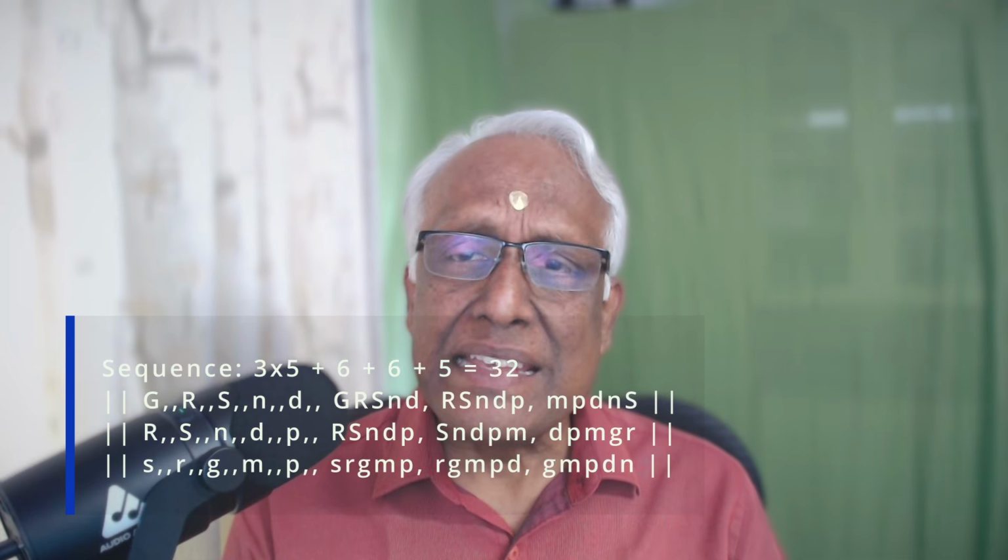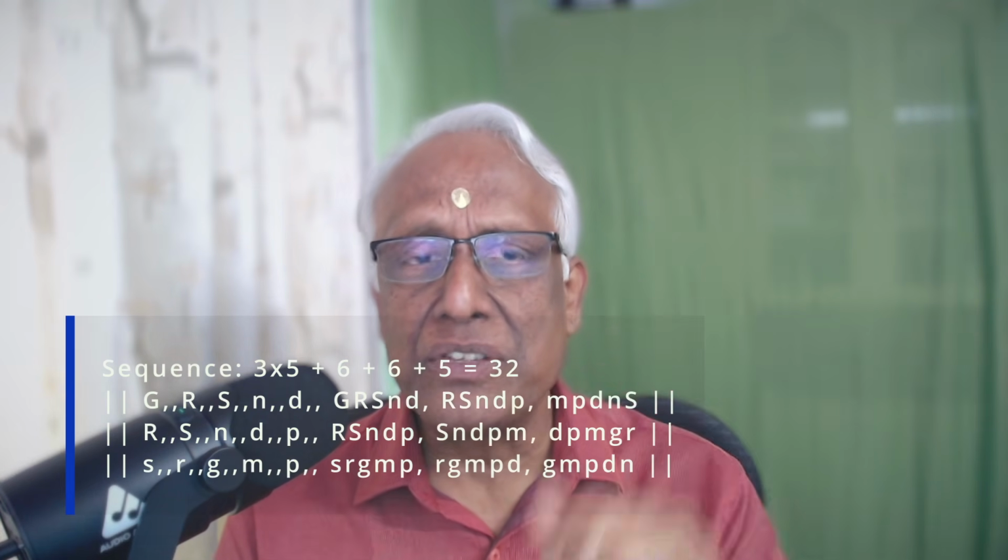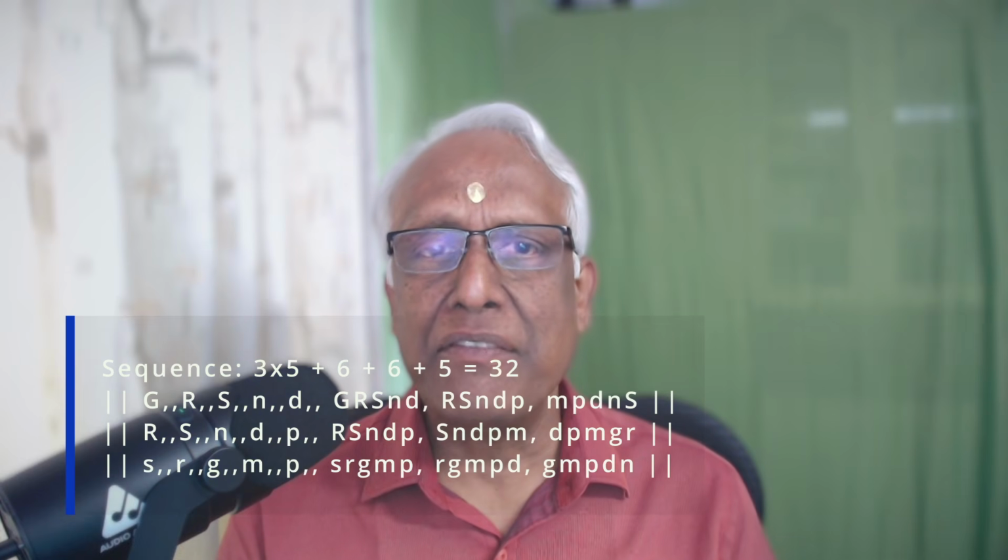Then gari sa ni da is gari sa ni da. So it is 6. Re sa ni da pa. That's also 6. Ma pa da ni sa is 5. So the total becomes 3 into 5 plus 6 plus 6 plus 5, which is 32. So it actually matches one avartanam of the talam itself, adi talam itself.